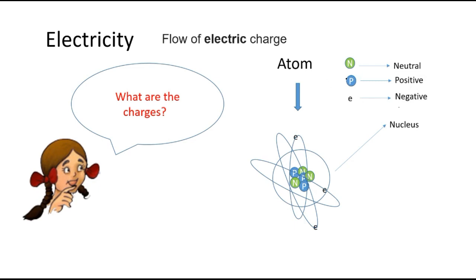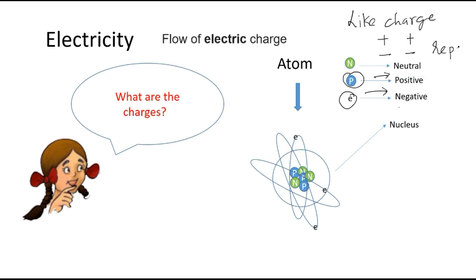So recall, protons are positively charged and electrons are negatively charged, and charge is nothing but a kind of force experienced by them. And we have studied about like charges. What do we mean by like charges? Like charges, for example, positive and positive, negative and negative. These like charges repel, right?